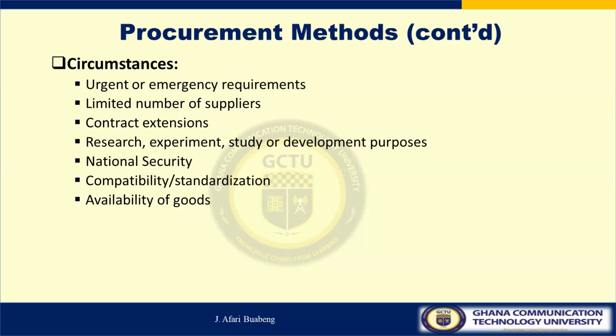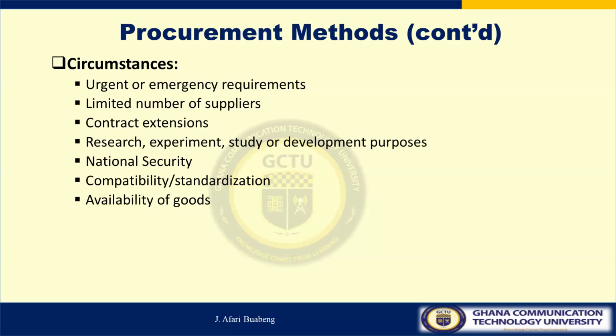Okay. So ideally, all procurement must be subjected to what? Competitive tendering method. And I'm saying that certain circumstances, like one, when the need is urgent, or there's what? Emergency requirement. Two, when there's what? Limited number of suppliers. So it means that even if you use competitive tendering method, you will eventually come to the same number of suppliers. We have just 3 suppliers supplying maybe a product.